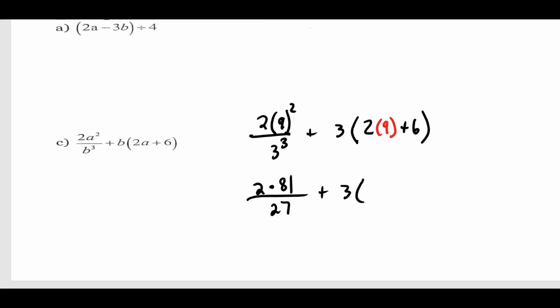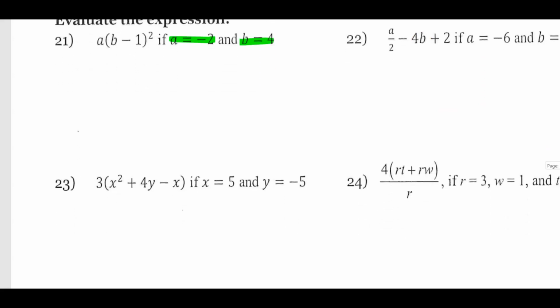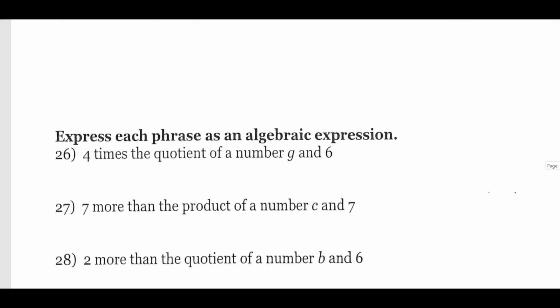And in this case, you can go ahead and start using Google Calculator if you need to, because these are going to get to be pretty big numbers. Just make sure you're showing the work. All right? And when we get to the backside, notice that we all of a sudden start throwing in some negatives and positives, so be very, very aware of your positive and negative rules when it comes to adding, subtracting, multiplying, or dividing.